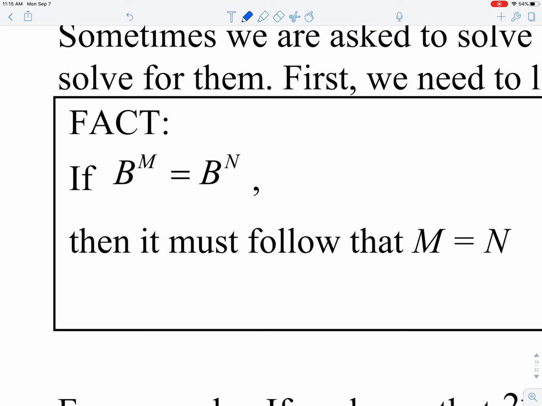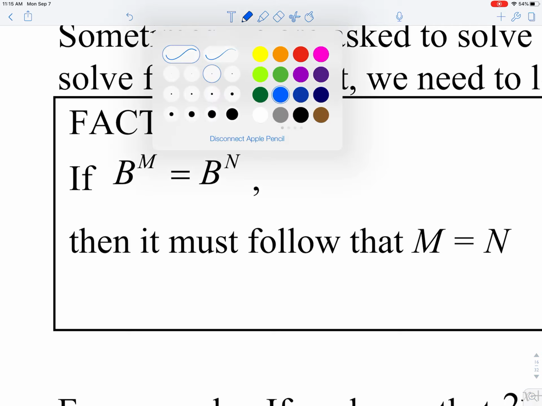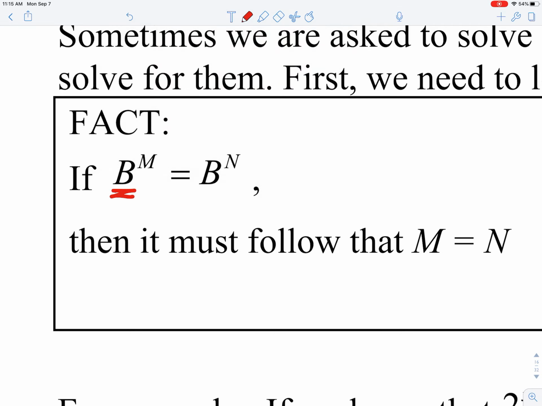If b to the m equals b to the n, then it must follow that m equals n. And basically what it's saying is, here we have the bases are exactly the same.